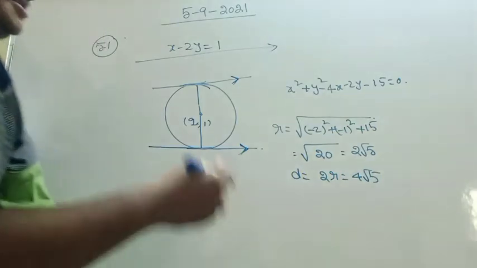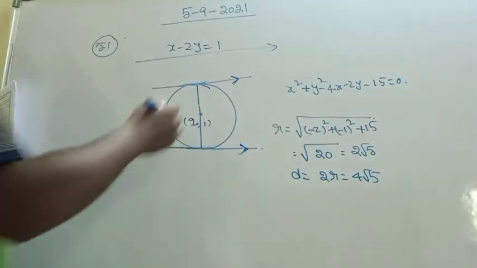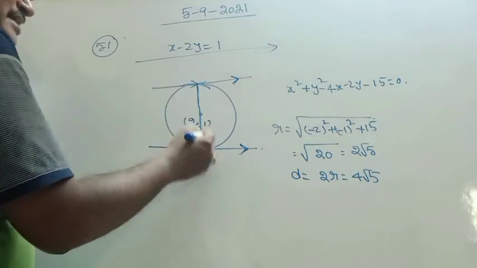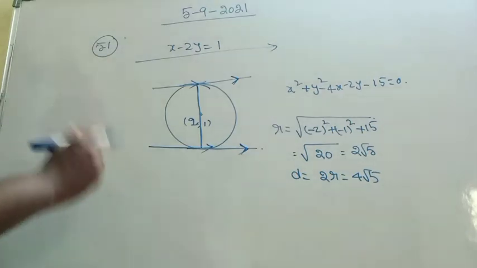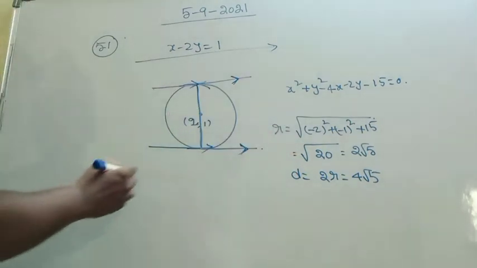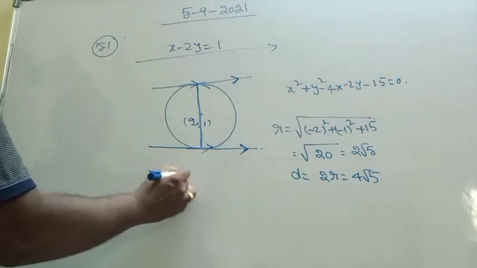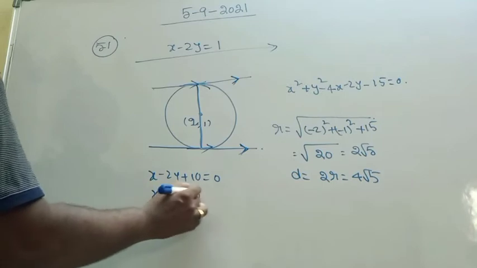Now you see, my dear students, since these two lines are parallel, from the options you can easily check which two lines have a distance between them equal to the diameter. You have x minus 2y plus 10 is equal to 0, and x minus 2y minus 10 is equal to 0.